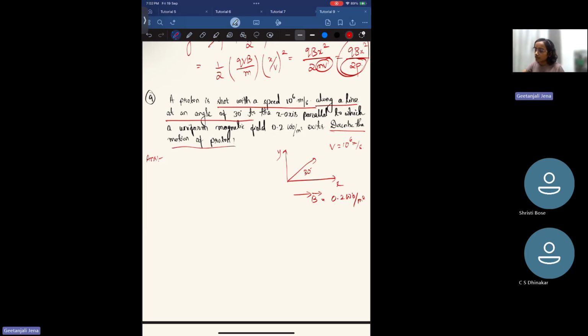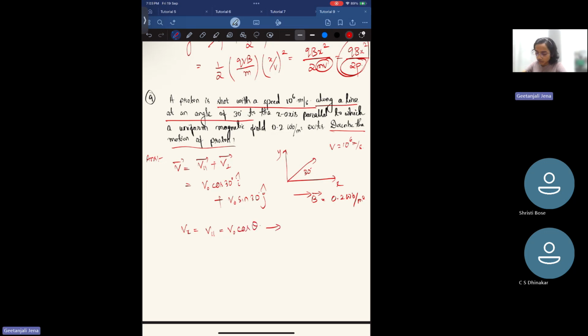So for this case, the velocity has two components, one parallel and one perpendicular. The parallel component, parallel to the magnetic field, is V0 cos 30 i cap, and the perpendicular is V0 sin 30 j cap. The parallel component won't experience any force. That is why Vx, which is V parallel, will remain constant.